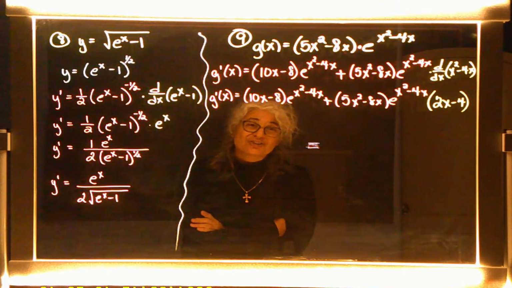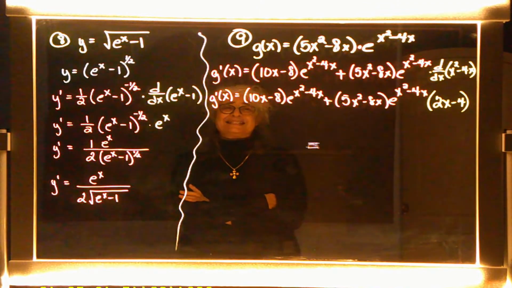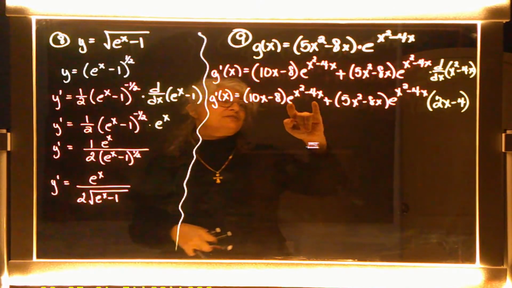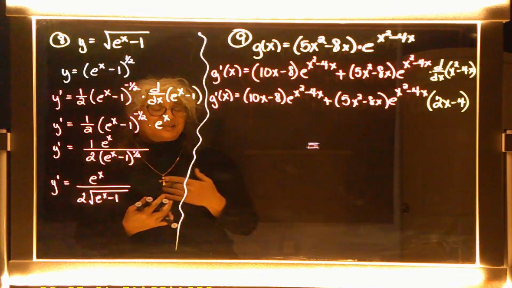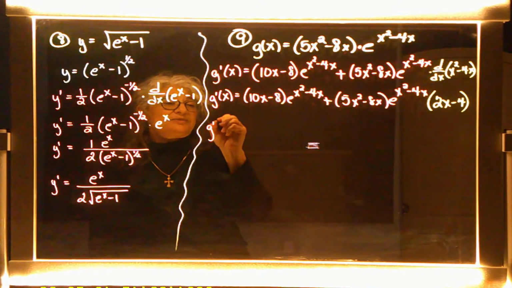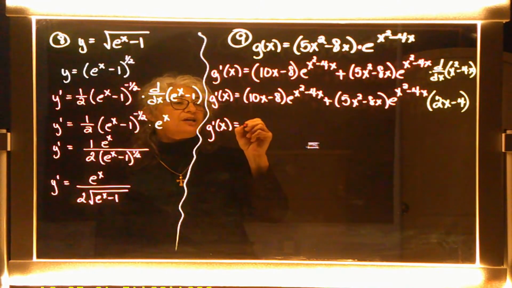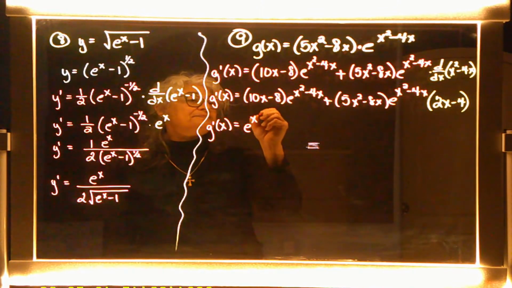There's a lot going on up here. I don't know what I can add together, but I can certainly factor out e to the x squared minus 4x, right? So let's take that out. Sometimes the simplifying is more challenging than the actual derivative part, but we can handle it, because we know how to factor.